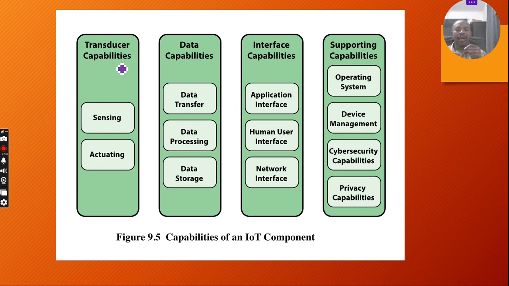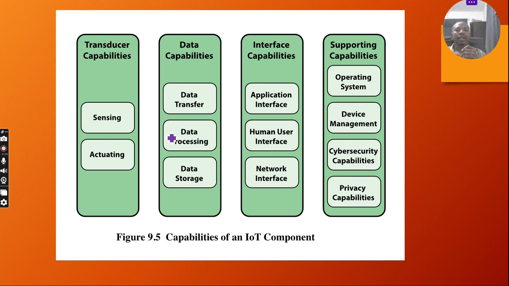You remember the sensing part converts the physical parameter, your heat, your temperature, your pressure, to an electrical signal, maybe current and voltage. And then the job of the actuator is to convert electrical signals such as electric current, voltage, and power into a physical parameter again.